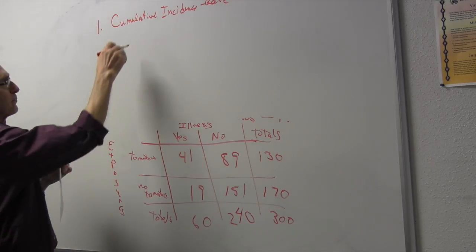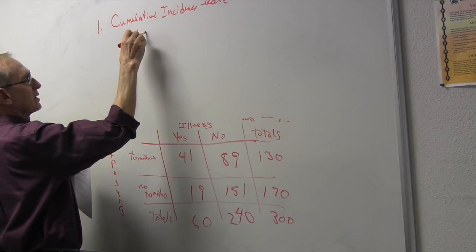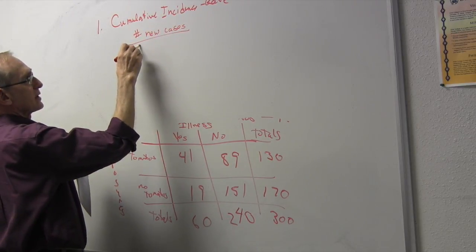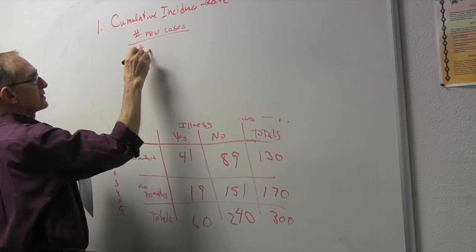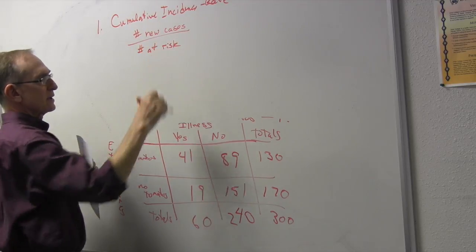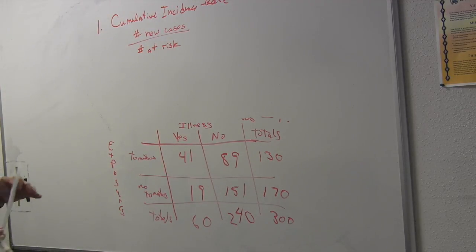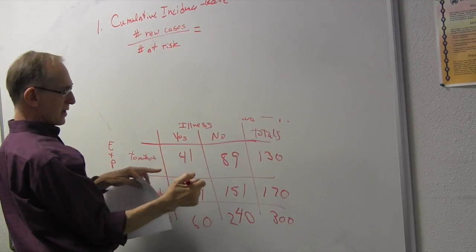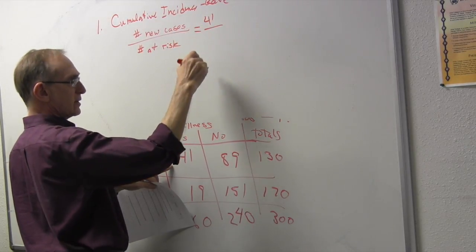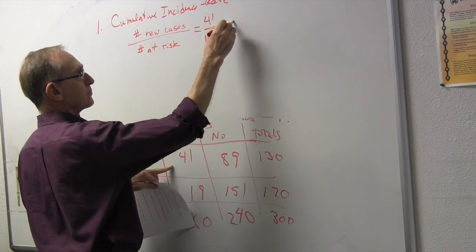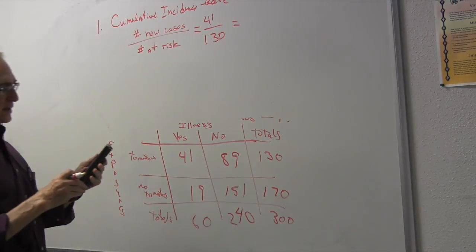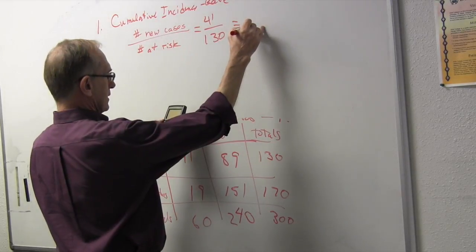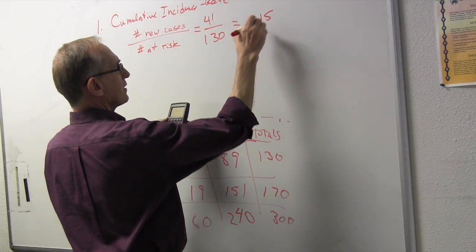So we have number of new cases, of course, they're all new cases, over the total at risk. We know that anybody can get salmonella poisoning. Nobody had it before they went on the cruise ship, so they're all at risk. So we've got 41 out of 130. So 41 divided by 130 gives us 0.315.